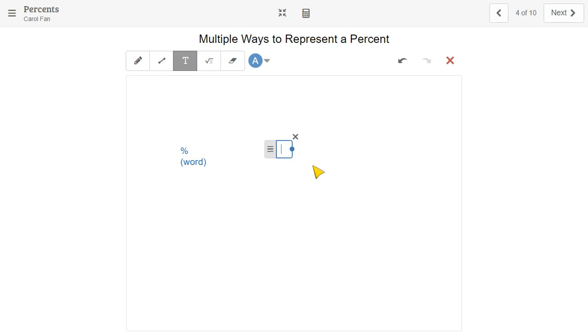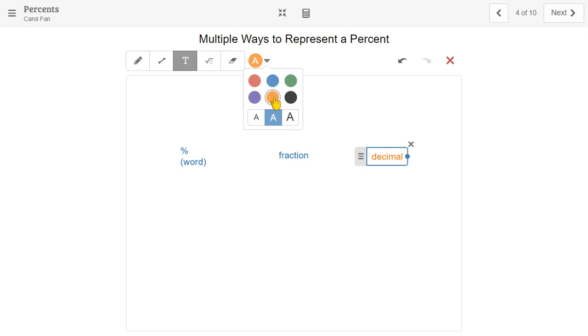We've also talked about a percent as a fraction, and we're going to talk a little bit more about a percent represented as a decimal. Now, if we are doing math, we have to be expressing our percent as a decimal.